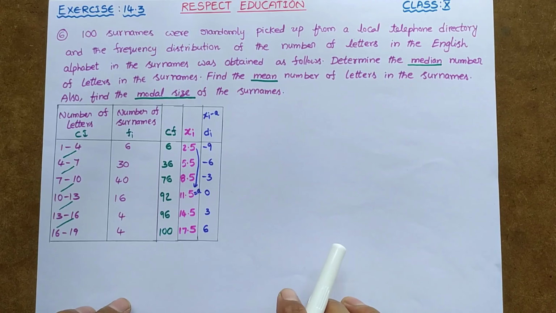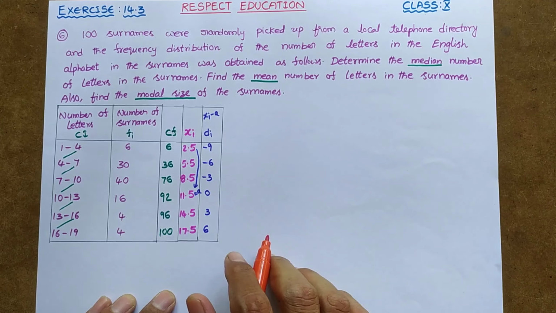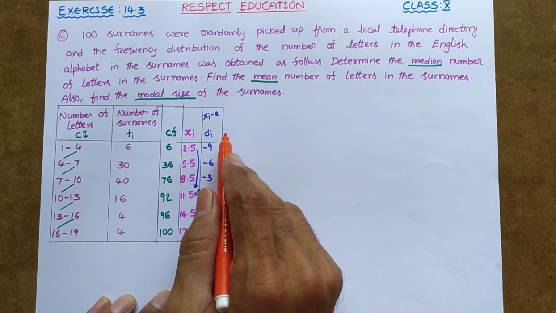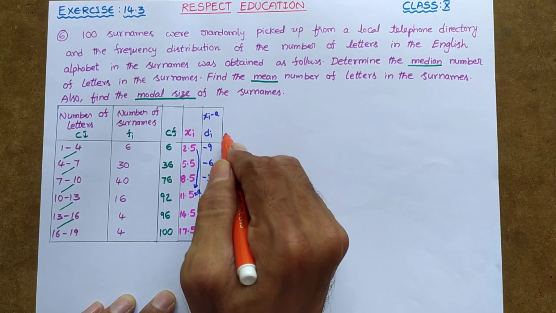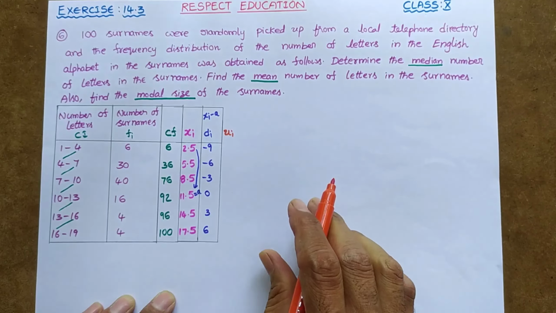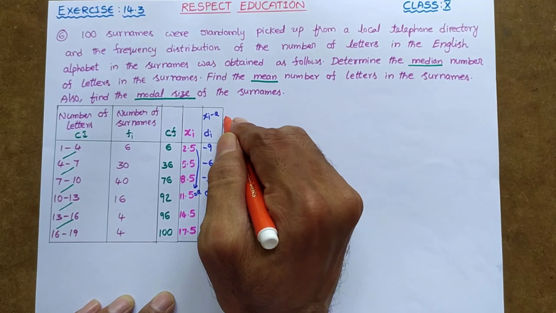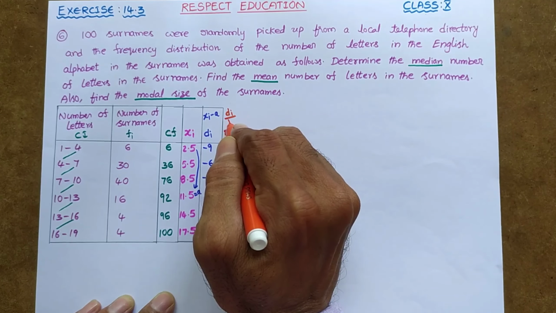Right. Now if we are able to follow assumed mean method easily, then we can find here Fi into Di. But here I would like to solve this problem in the method of step deviation method, for which I am finding Ui. So formula of Ui is Di by H. Di by H. So here H is the width of the class interval, that is 4 minus 1 is 3.